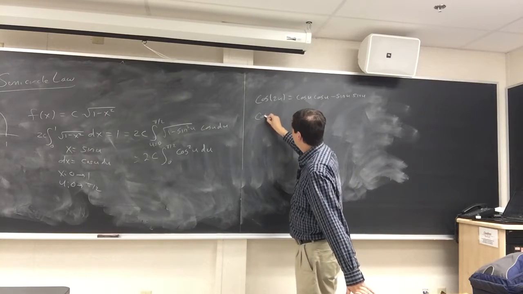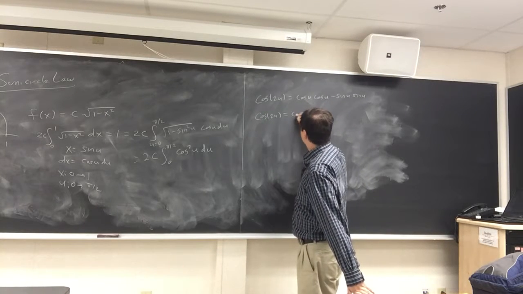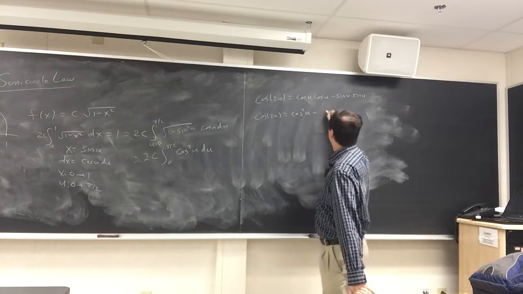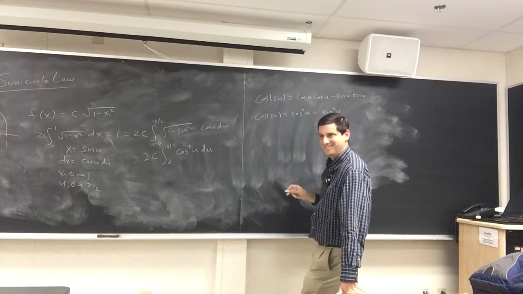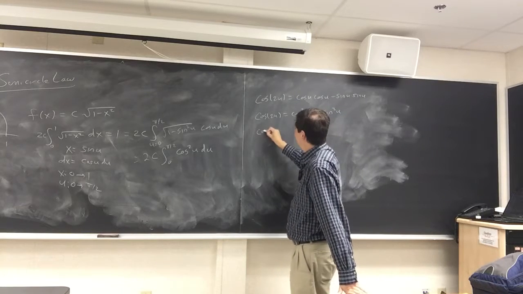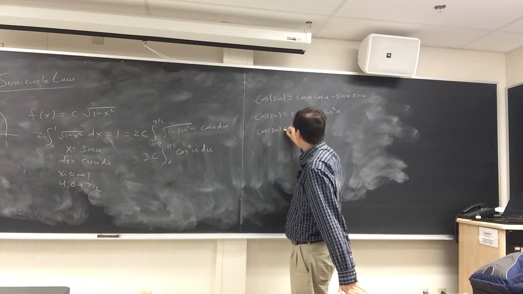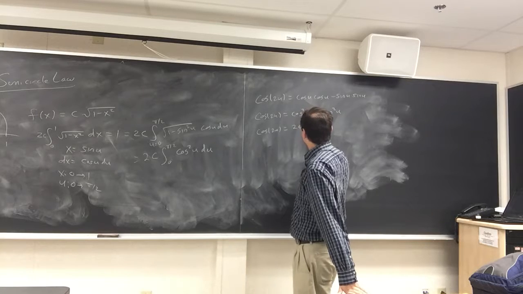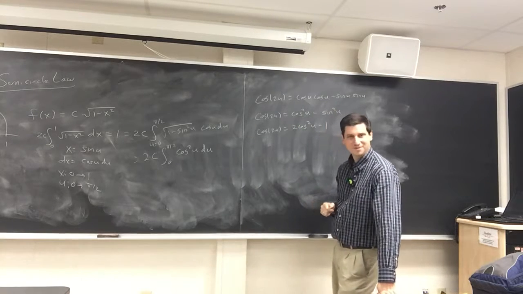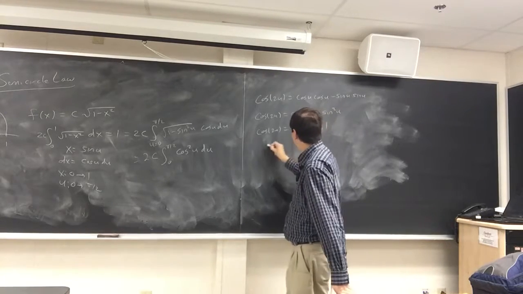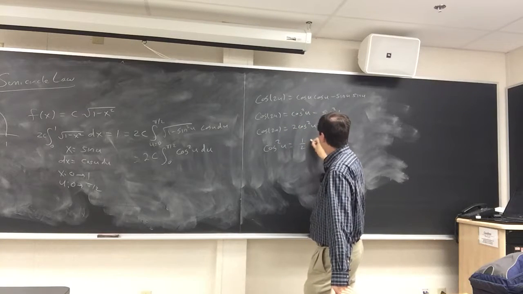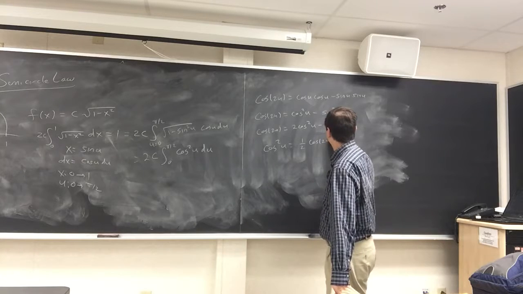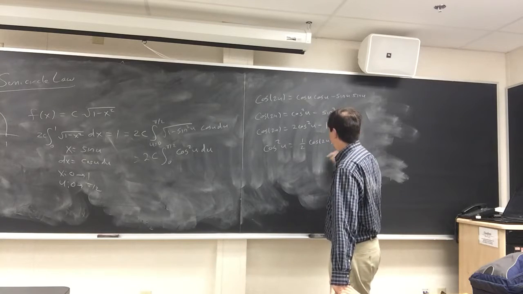So you get cosine of 2u is cosine squared of u minus sine squared of u. But what's sine squared of u? 1 minus cosine squared. So you get cosine of 2u is 2 cosine squared u minus 1. And so now cosine squared of u is 1/2 cosine of 2u plus a half.